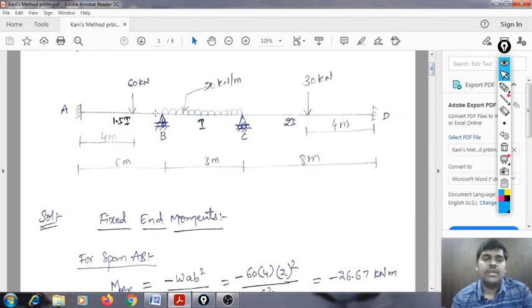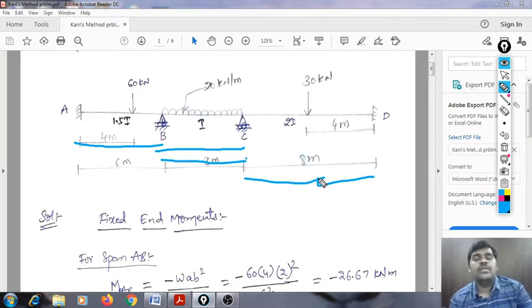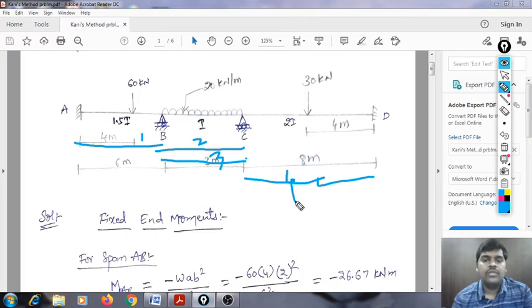Yes, what we have to find is M bar BA and M bar BC, next M bar CB and M bar CD. This is 1, 2, 3 and 4, right? This is what we are going to find.